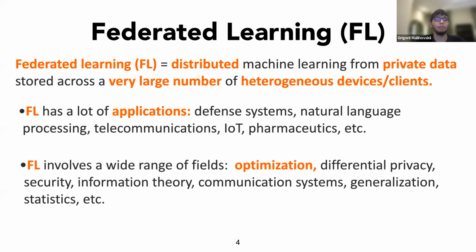As Peter mentioned, it can be studied from different perspectives. It includes many aspects such as privacy, security, systems, and so on. In this talk, I'm going to discuss optimization aspects of federated learning.